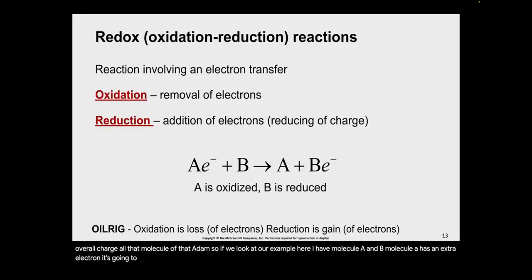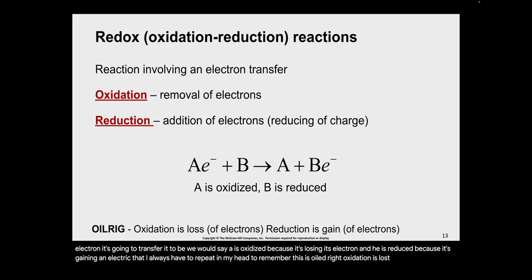It's going to transfer it to B. So you would say A is oxidized because it's losing its electron, and B is reduced because it's gaining an electron. And the mnemonic that I always have to repeat in my head to remember this is oil rig, right? Oxidation is loss. Reduction is gain. And we're talking about electrons.